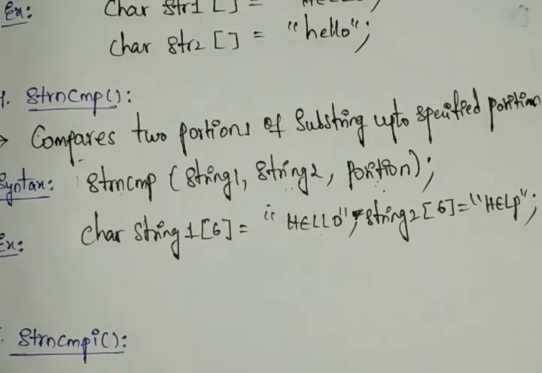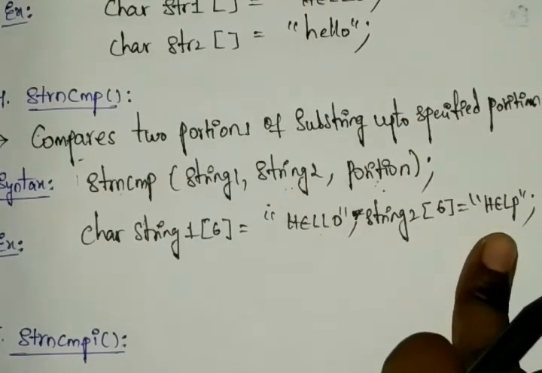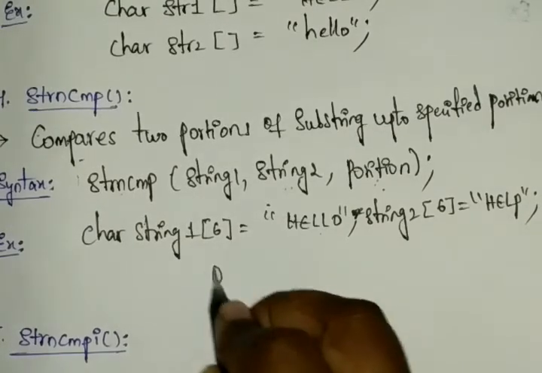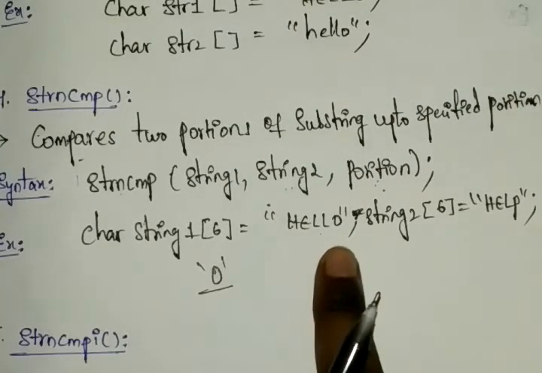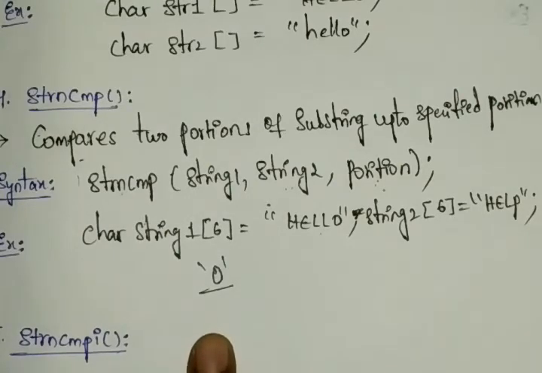After that, is there any further comparison? No. L is not P, so the process stops there, and it returns 0. If all the letters are the same, it performs the comparison for the specified position.